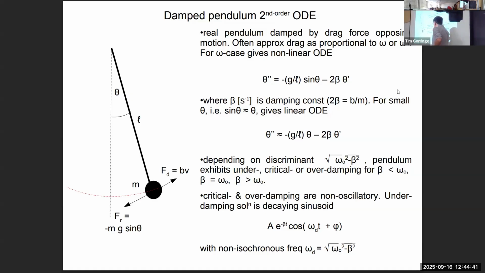The drag force that I've sketched here is a linear drag force. We also talked about quadratic drag forces. In falling bodies, there are analytical solutions for linear drag forces and quadratic drag forces.